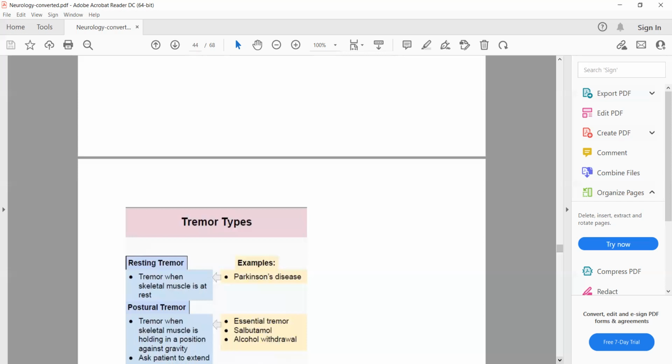But the tremors that are present in thyrotoxicosis or liver disease or salbutamol or alcohol withdrawal are only evident in some specific postures and not evident while performing any action when they are mild. So there is a slight bit of difference between these two. You just need to remember that.